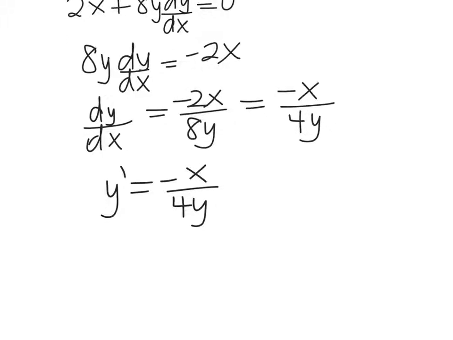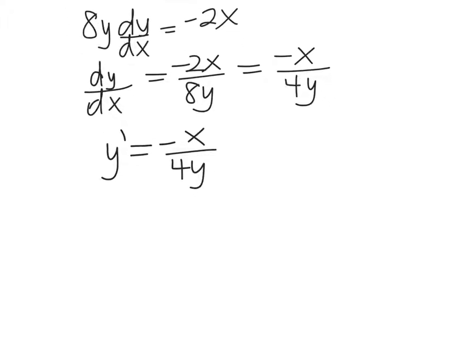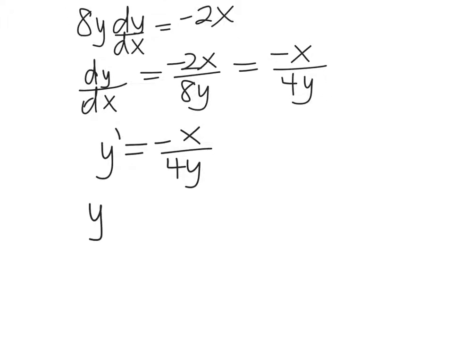Okay, now we have to find the second derivative. The second derivative is found by taking the derivative of the derivative. So the derivative of y prime is y double prime. And over here we're going to need to use our good friend the quotient rule. We're going to do low d high, minus high d low.